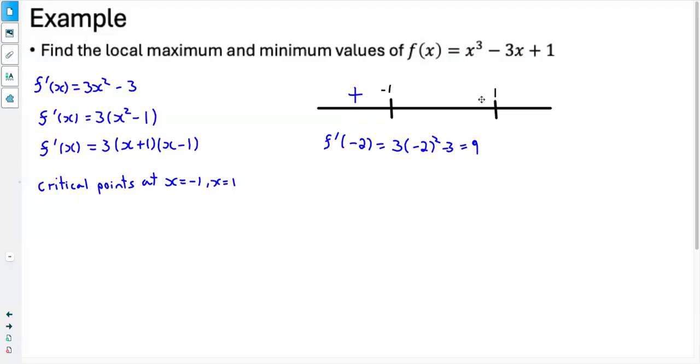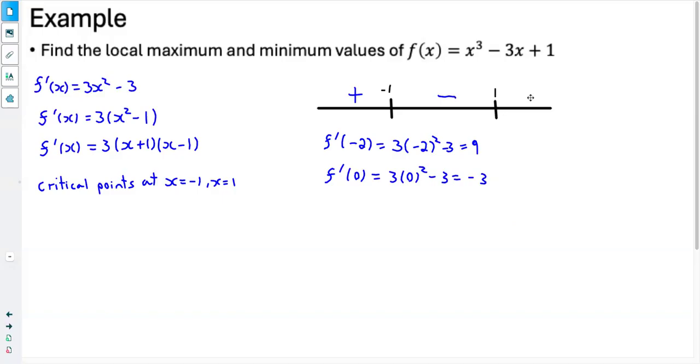Next, we'll do a point between negative 1 and positive 1. So I might do f prime of 0. That would be 3 times 0 squared minus 3, so that's going to give us negative 3. So that's going to give us a negative value in that middle section.